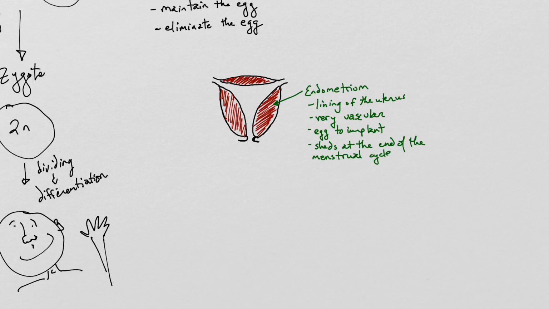So when you think of the end of the cycle being the quote-unquote period, all of that stuff that's coming out is this endometrium.